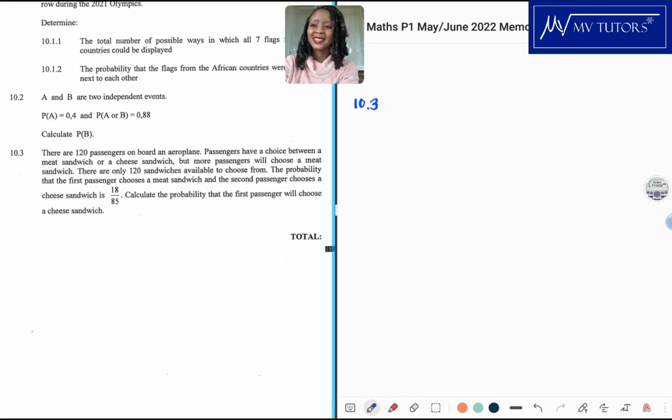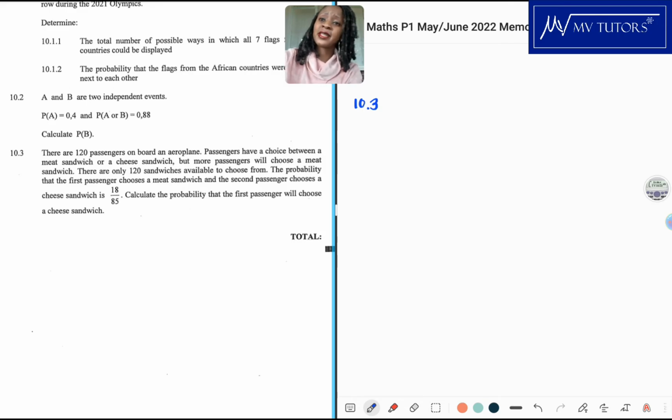I mean, what is the likelihood? So what am I going to use here? I am leaning towards a tree diagram, because here we have dependent events.